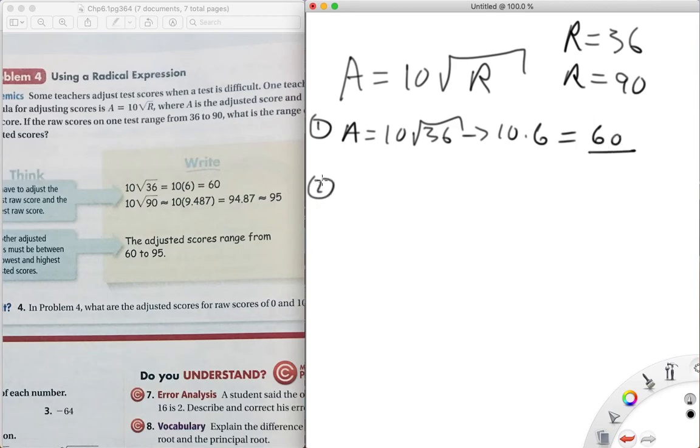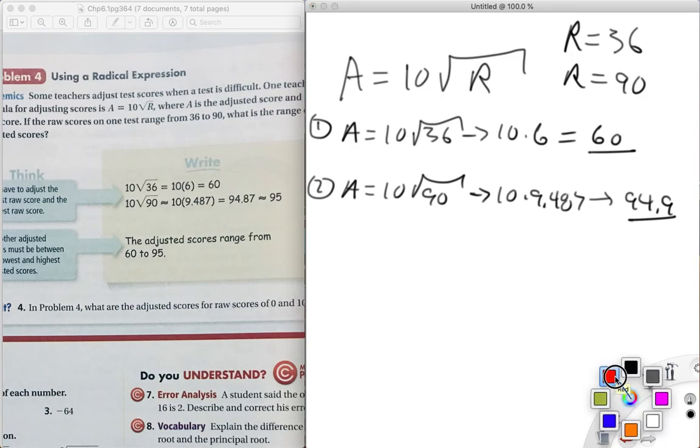And in scenario number two, the adjusted score equals 10 times the square root of 90, which is 10 times 9.487, which gives you 94.9 points approximately. They say about 95. Cool. Nice.